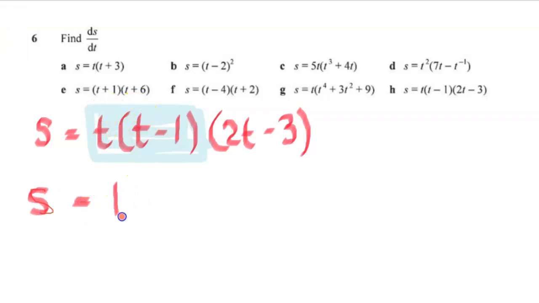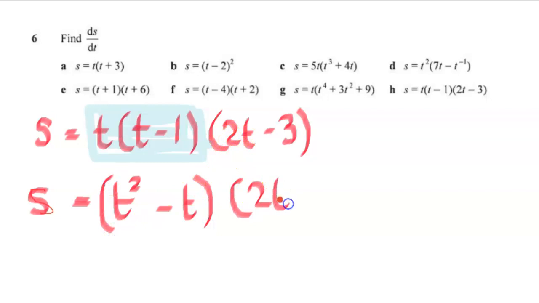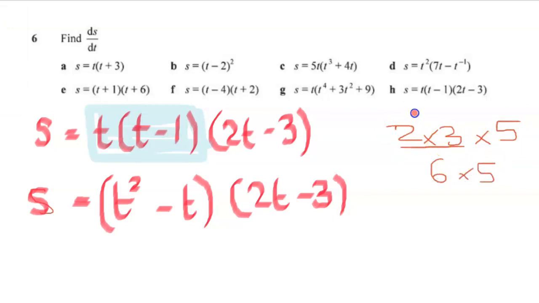T times t is t squared, and t times minus 1 is minus t. The other I write as it is. You can't multiply that with here and with there. It is mathematically not correct, because if it's 2 times 3 times 5, you multiply 2 times 3 to get 6, then 6 times 5. You cannot multiply 2 here and 2 here. You can only do that if there is a plus sign and there is a bracket. So if I rub this bit.